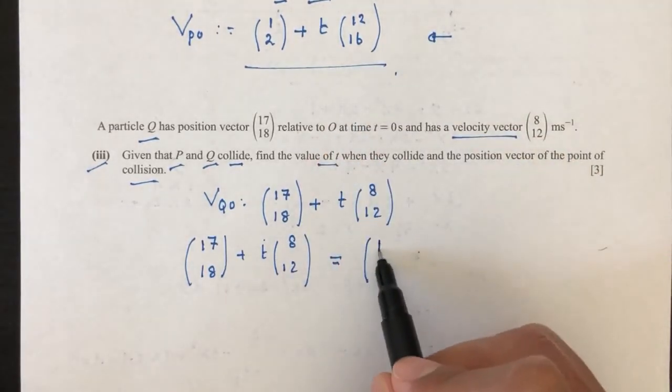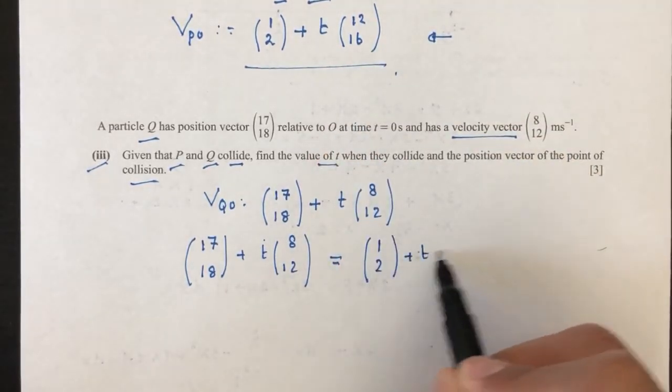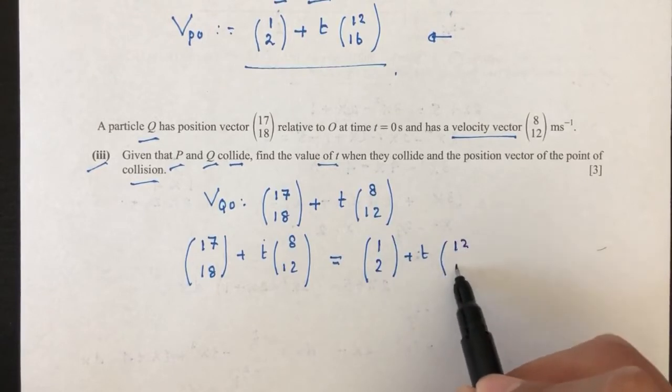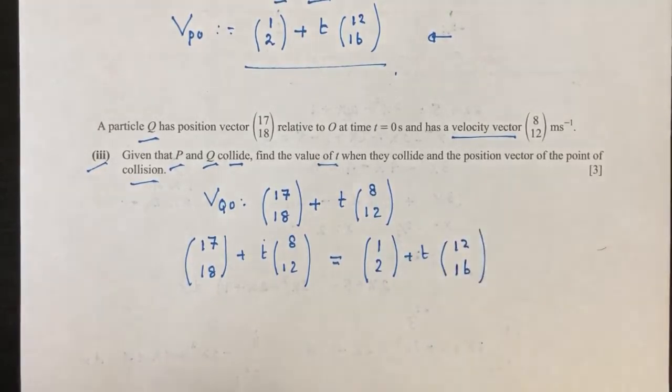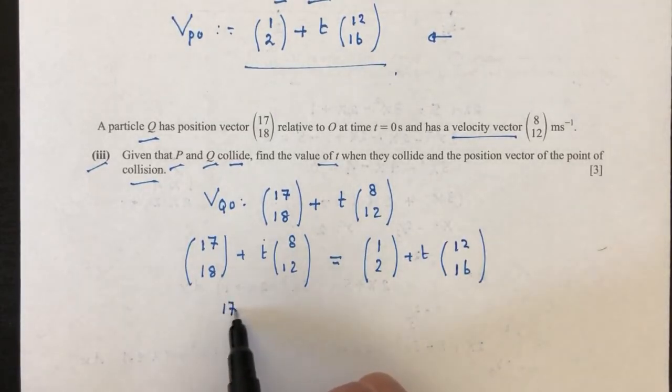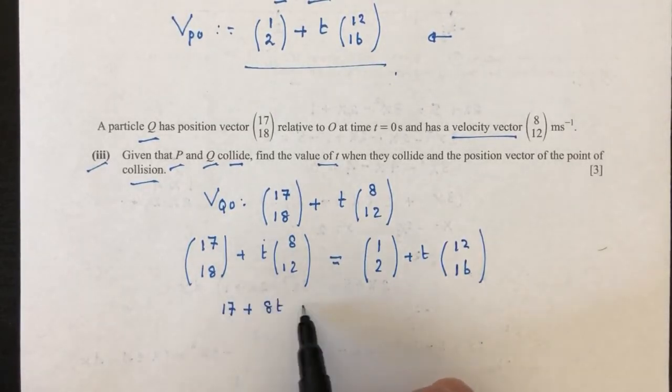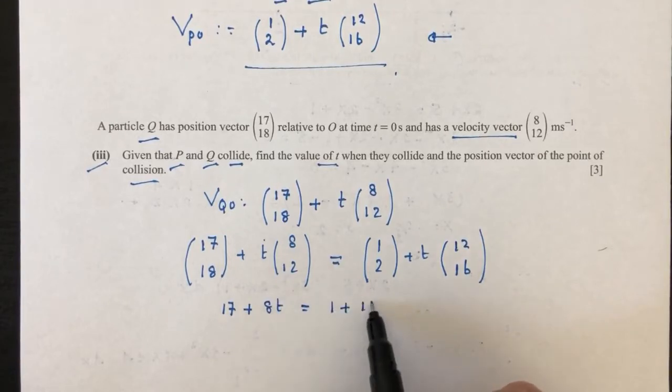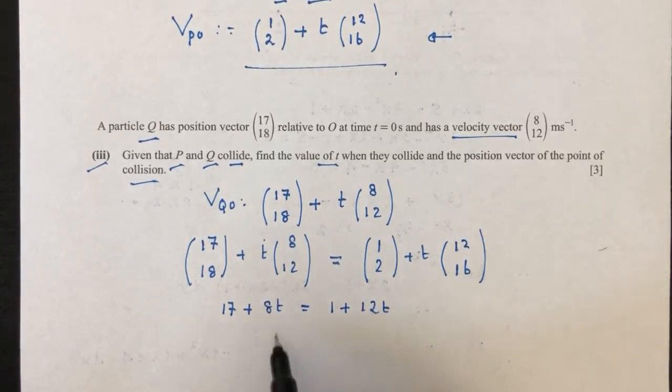So position of Q equal to position of P at time t seconds. So simplify. Here we have 17 plus 8t equal to 1 plus 12t. So let's solve this. We have 4t equal to 16, so t equal to 4.